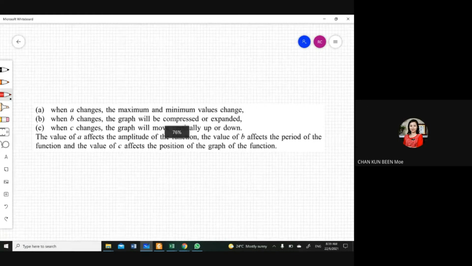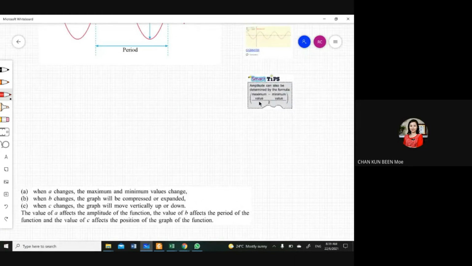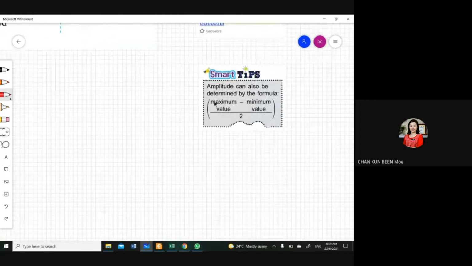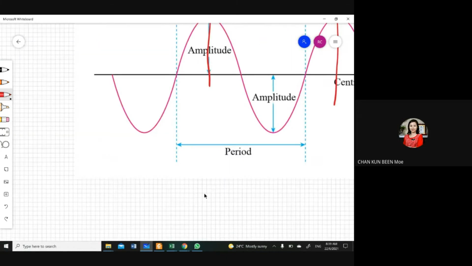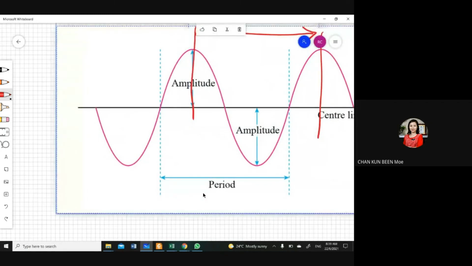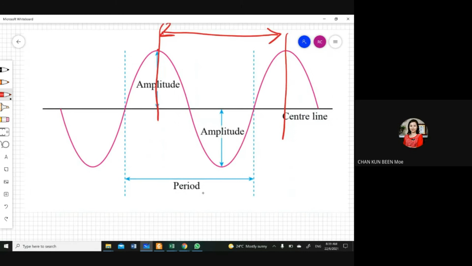Okay, now this part here, amplitude can also be determined by the formula maximum value minus the minimum value, and then divide by 2. What does it mean? Like this. If I have the amplitude, this part over here is a 1, and this is a negative 1.